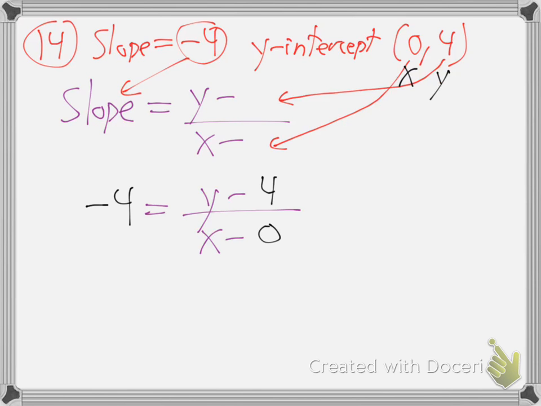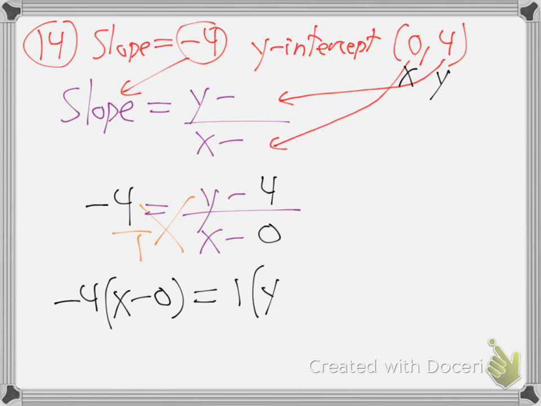Good so far? And now what do we do? Cross multiply. Put this over 1. Go diagonal, diagonal. So what do we get? Minus 4 times x minus 0, 1 times y minus 4.